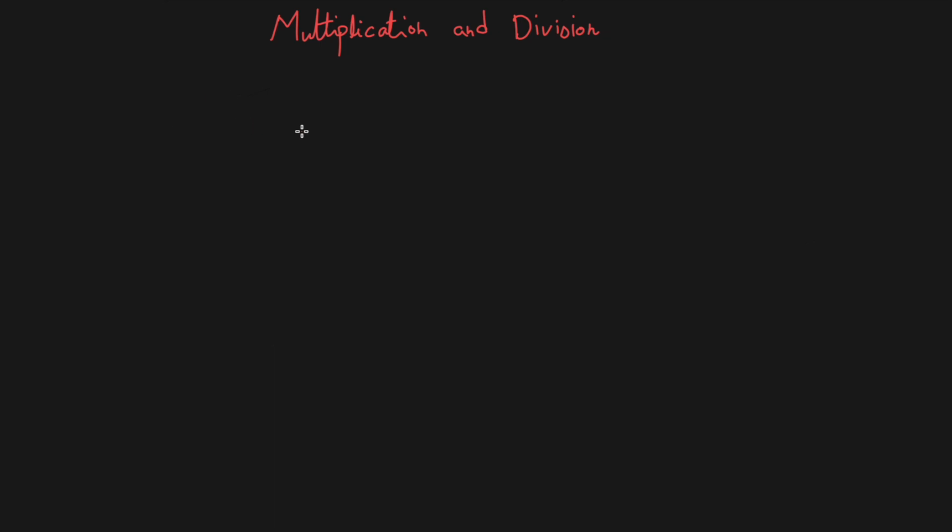So the method for multiplication and division, in my opinion, is a bit simpler than adding or subtracting scientific notation, because in the previous video, what I told you is that the most important thing for adding and subtracting scientific notations is to check whether the exponents of 10 are the same or not, and if they are not, then we have to make them the same.